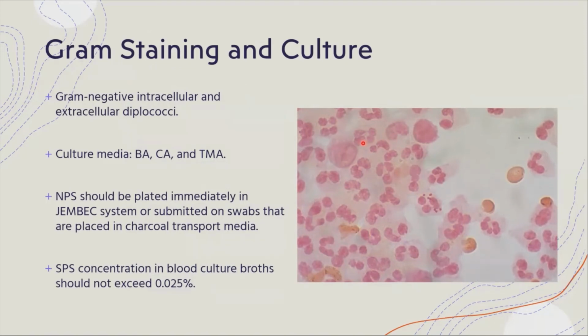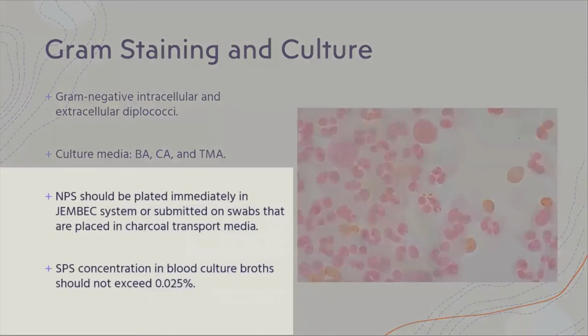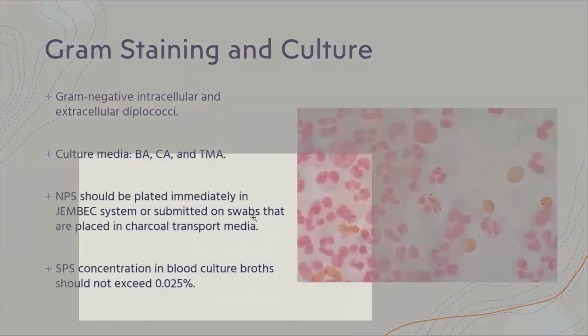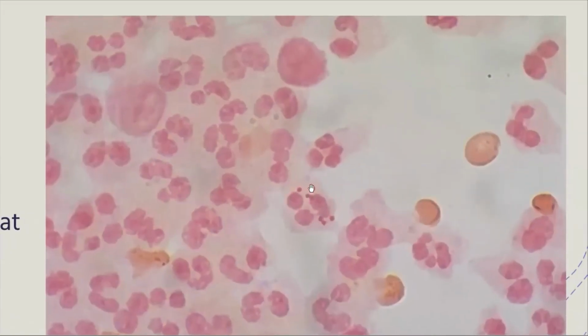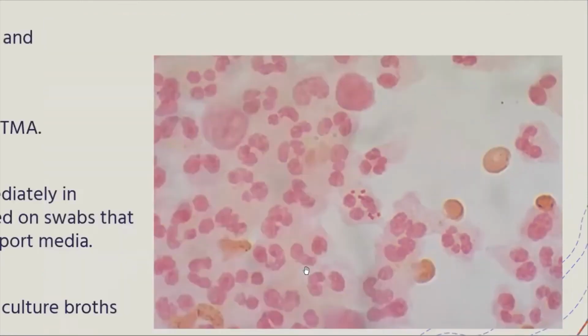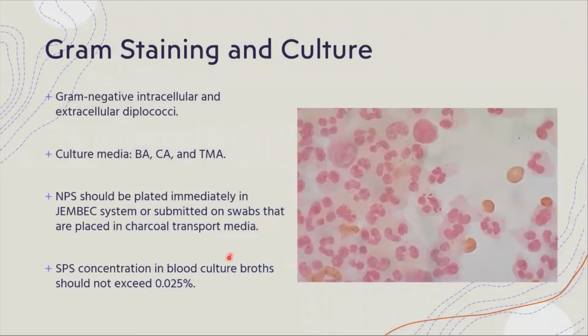Kasi ang normal na CSF natin, class, almost non-neutrophils. Okay? So kapag abundant ang neutrophils, that indicates bacterial infection. And kapag nakakita kayo ng intracellular and extracellular diplococci like these dun sa ating CSF sample, that is indicative of meningococcal meningitis.